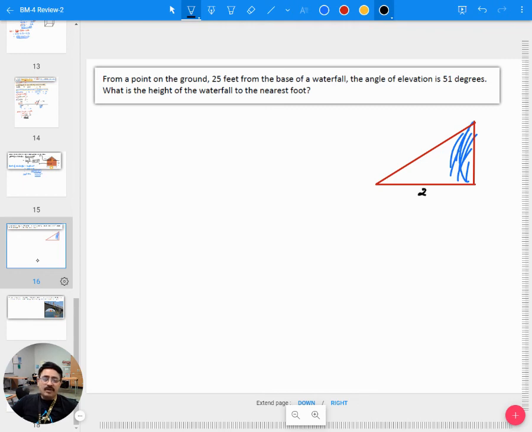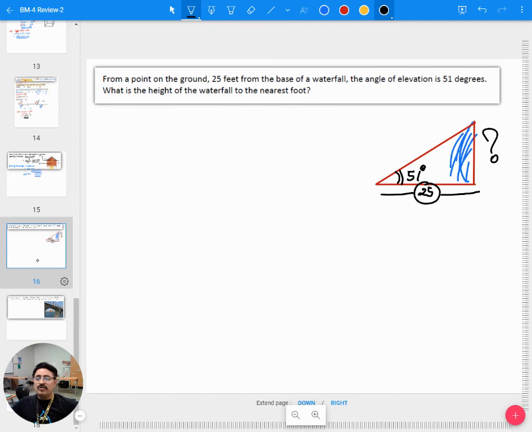Again, I'm repeating, the distance is 25 feet and the angle of elevation, that means looking from bottom to top, is 51 degrees. And the question is, what is the height of the waterfall?